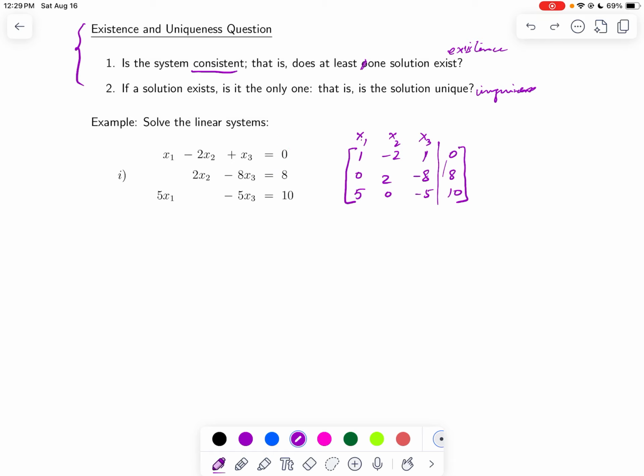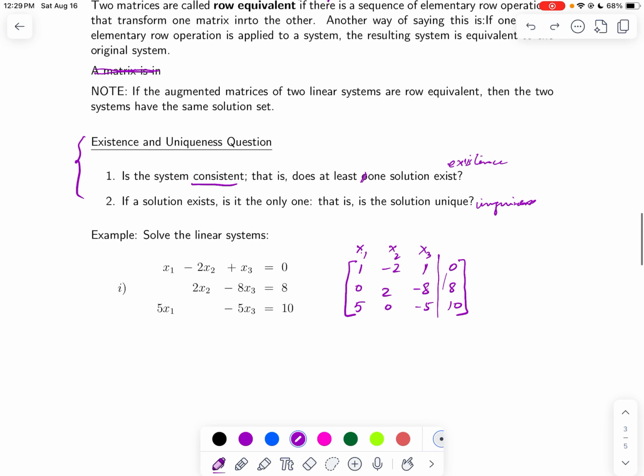Okay, so what is the idea now? The idea is this: let's say you have a square matrix, and we want the matrix to be like this. Let's say I'm making a 3 by 3 matrix. So there will be 9 entries in it.